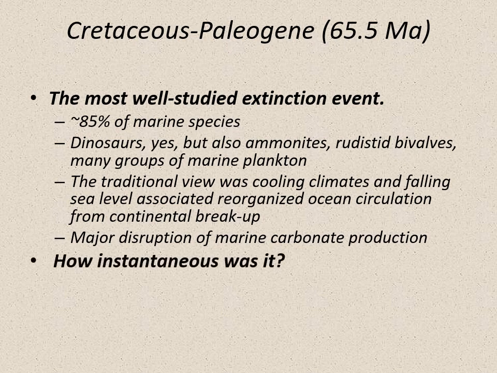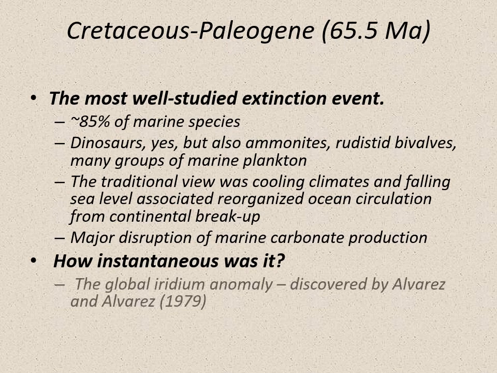How instantaneous is this event? That kind of is up to a little bit of a debate, but we have a global iridium anomaly that was discovered by Alvarez and Son in 1979. So when you look at Cretaceous-Paleogene, what we call the boundary clay, there's an enrichment of the rare earth element iridium, suggesting some kind of an extraterrestrial source for this, possibly an asteroid impact.